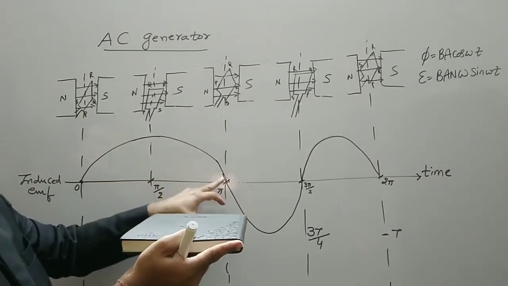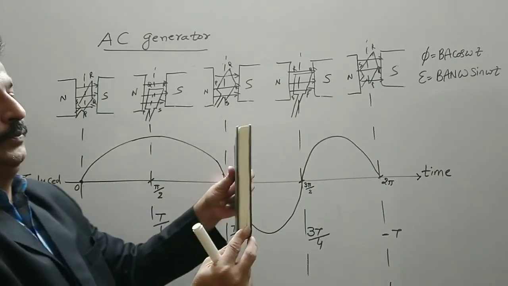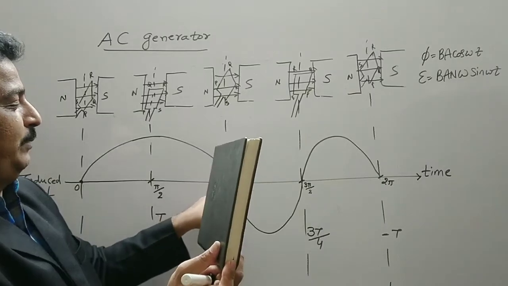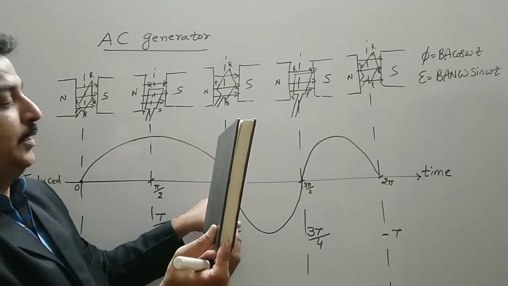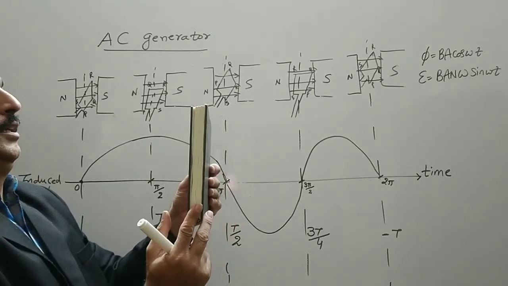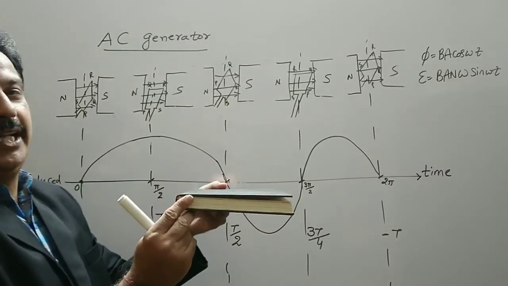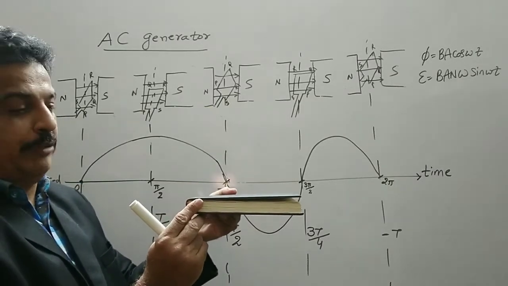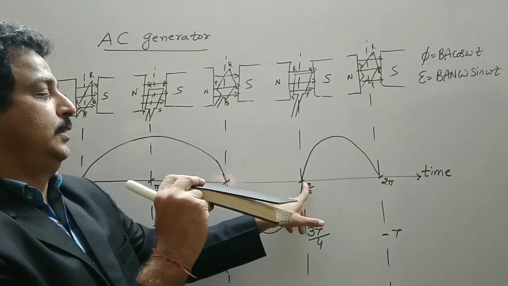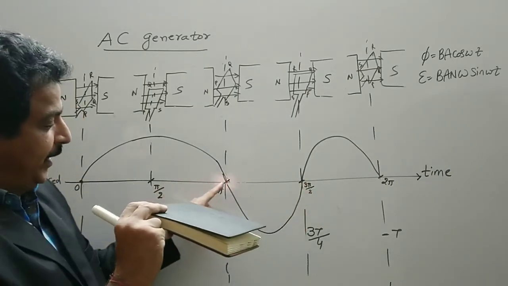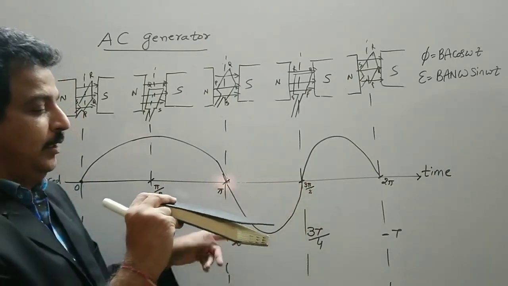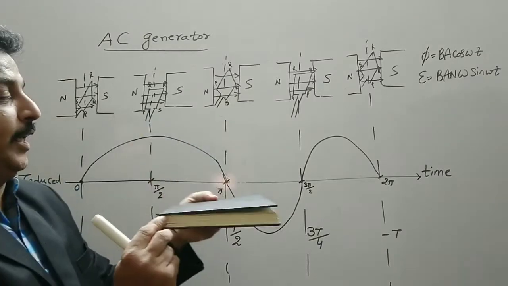So again we rotate by 90 degrees, flux is maximum, so EMF is minimum. This is your S. Then again 90, so total rotation is 270. So from 180 to 270, the EMF will increase, but the polarity will change.